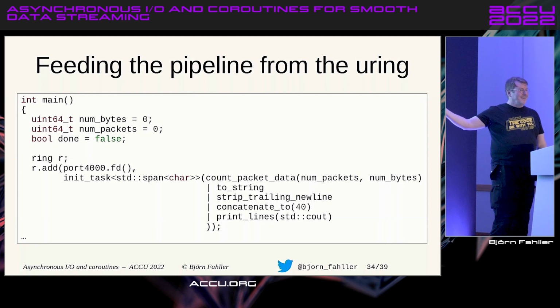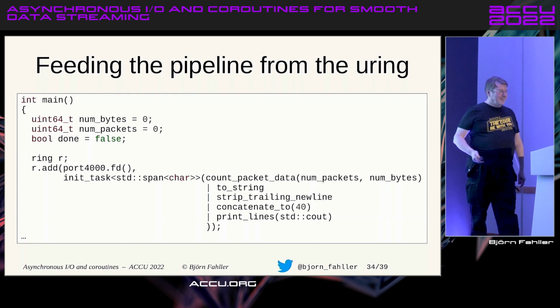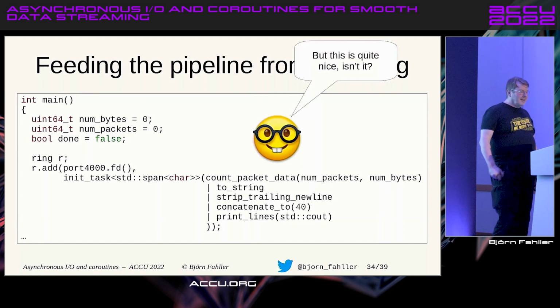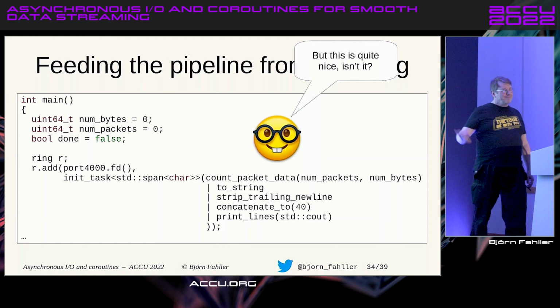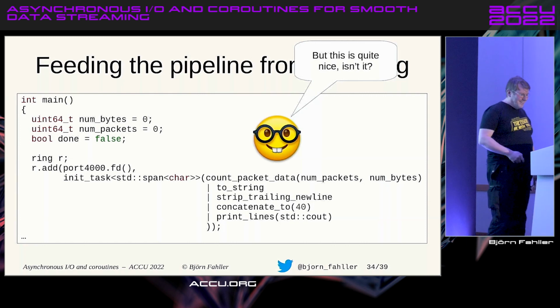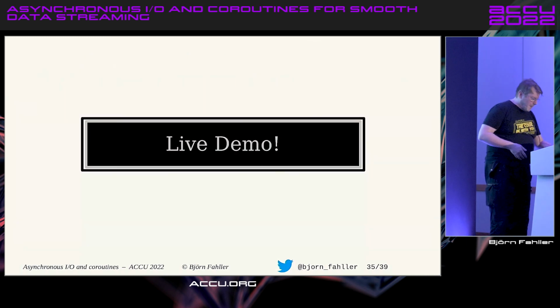I like this code. This is easy to understand, what is happening. This is easy to read. I think this is really nice. So, gory implementation guts aside, the end result is pretty. So let's have a look.